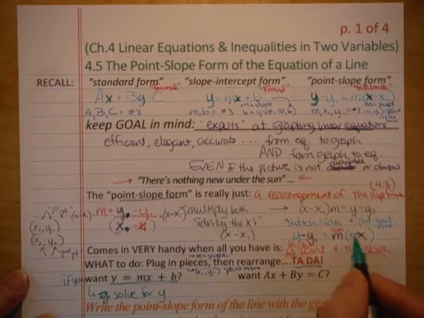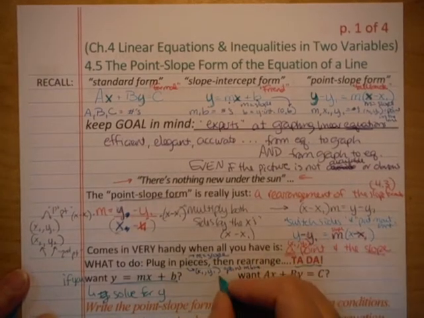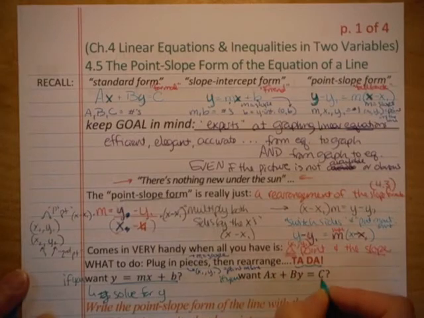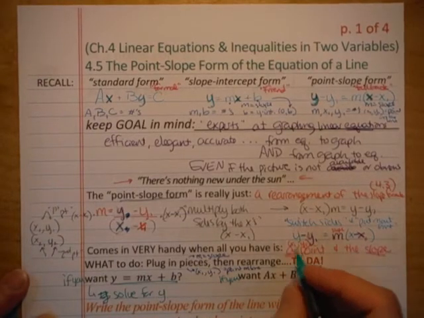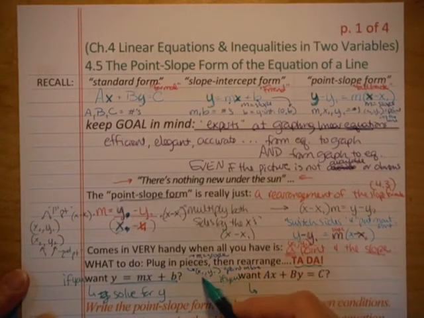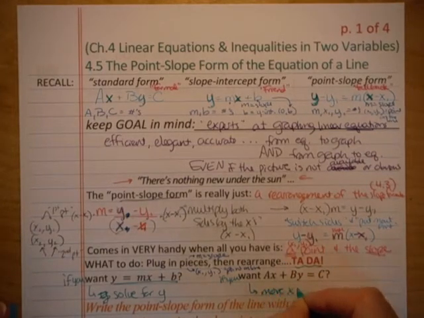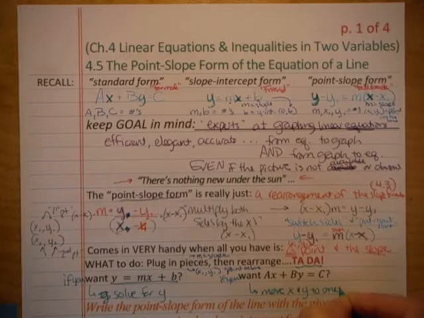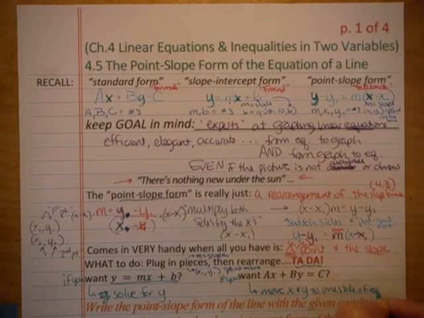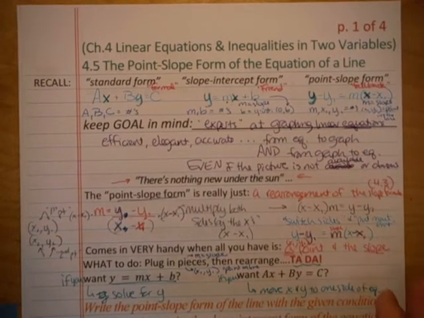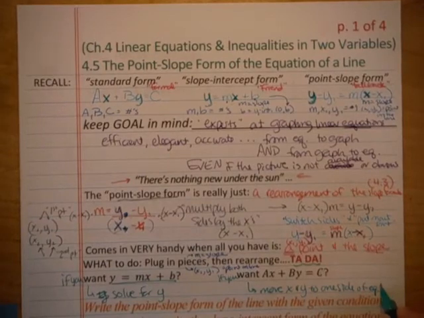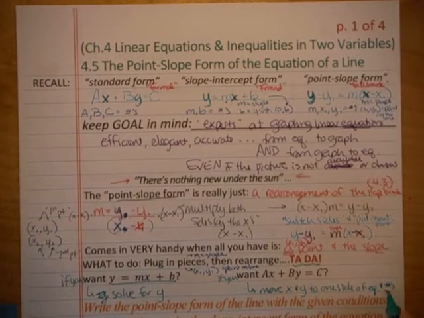You would take your point slope form and solve for y. If you want the standard form, then you would plug in your pieces and rearrange, meaning you would move x and y to one side with their coefficients. You don't have to try to solve for x and y, we're just moving those pieces to one side, and you'd take the numbers to the other side.